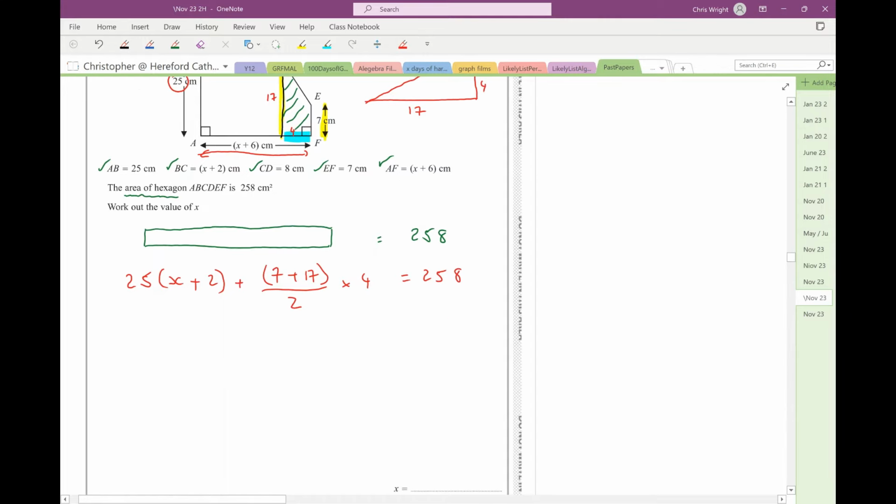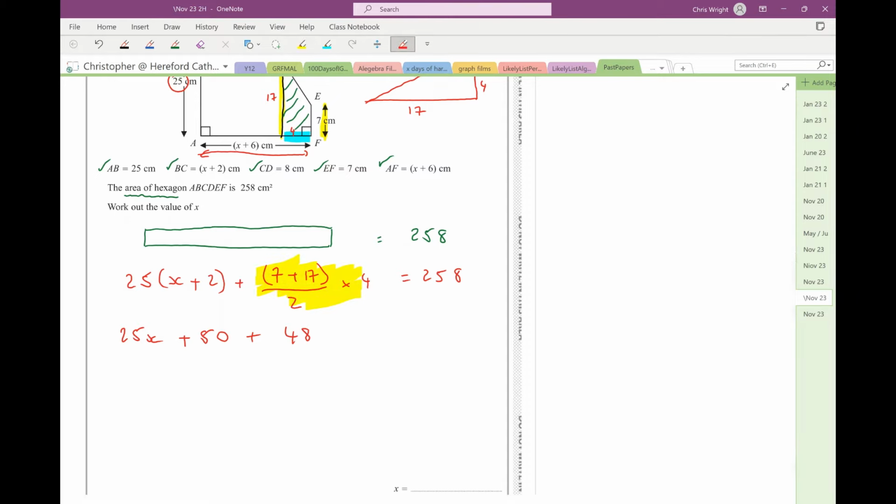So now I just need to solve this equation. Well, that's going to be 25x + 50, multiplying out that bracket, plus 7 + 17, well, that's 24. So that's 24 over 2, which is 12. 12 times 4, 48. And of course, if you wanted to, you could just put that whole thing in your calculator.